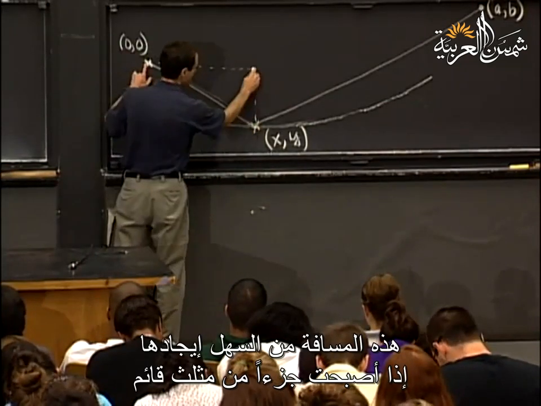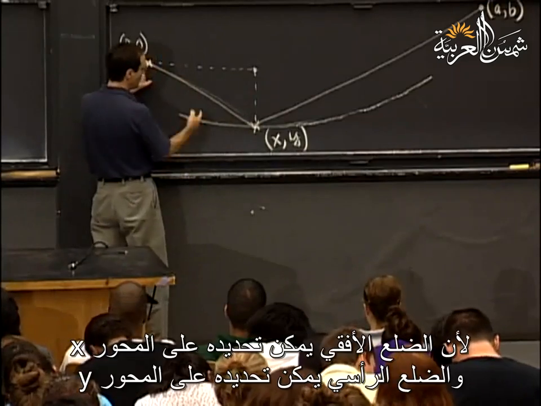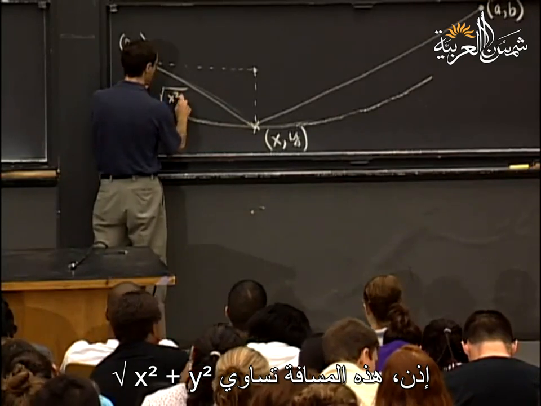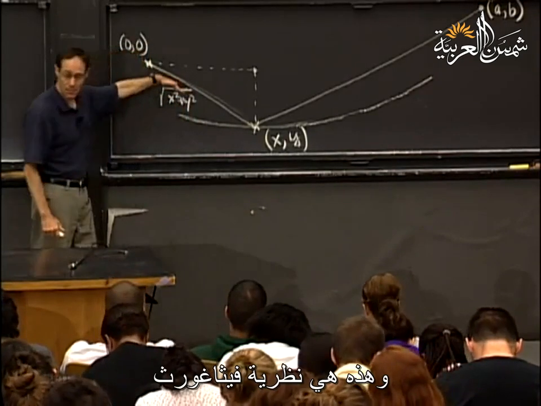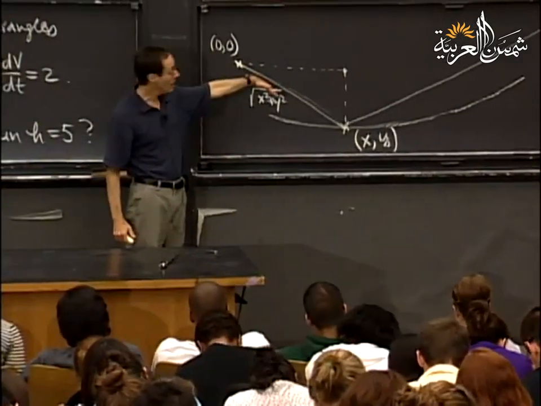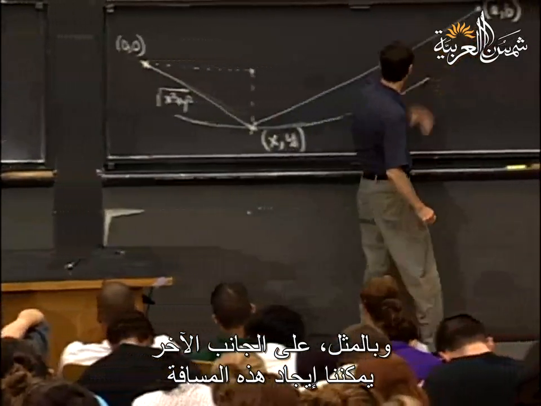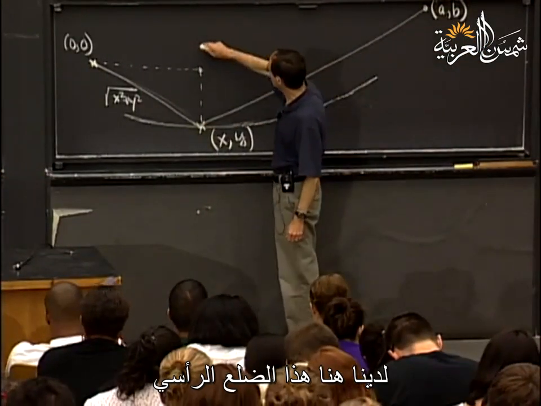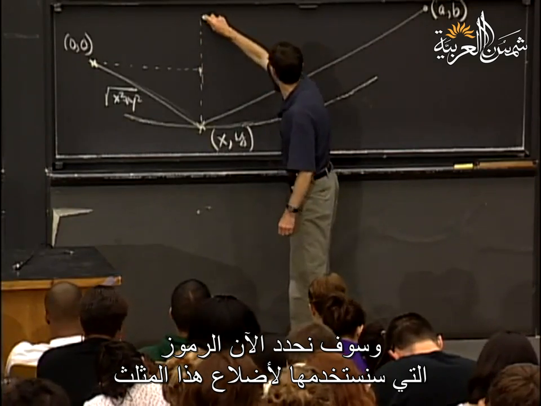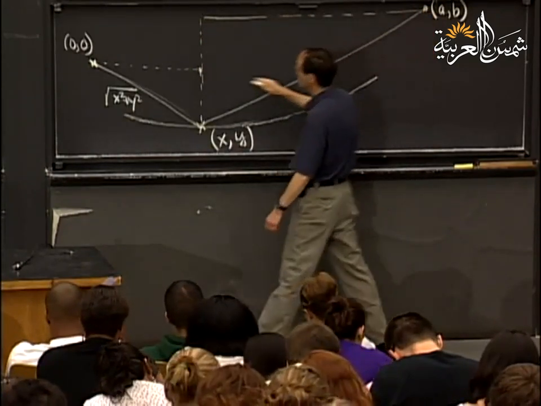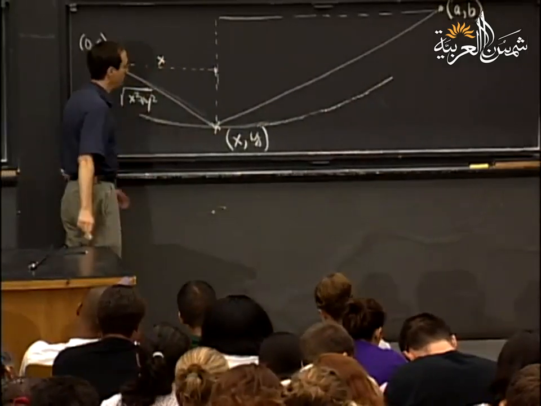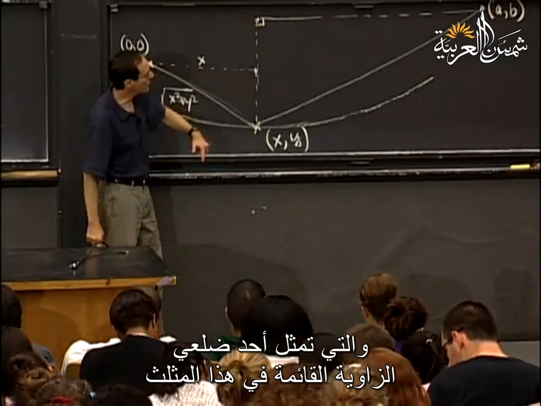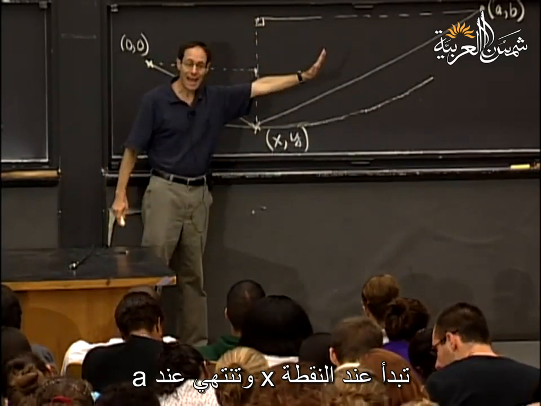So this length is pretty easy if I draw a right triangle here, because we go over x and we go down y. So this length is the square root of x squared plus y squared. That's the Pythagorean theorem. Similarly, over here, I'm going to get another length, which is a little bit of a mess. It's the vertical, so I'm just going to label half of it so that you see. So this horizontal distance is x, and this horizontal distance from this top point with this right angle over there starts at x and ends at a.